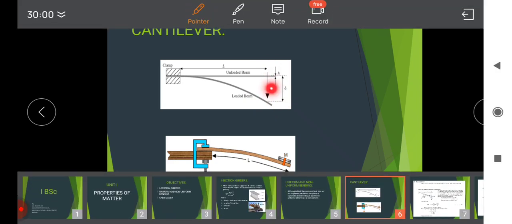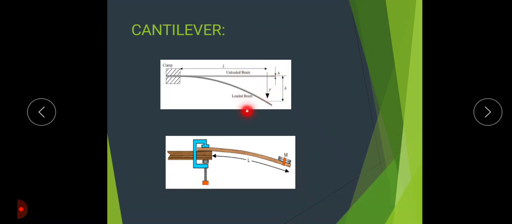Here the load will be applied at the other, free end. The cantilever must be loaded at the free end.